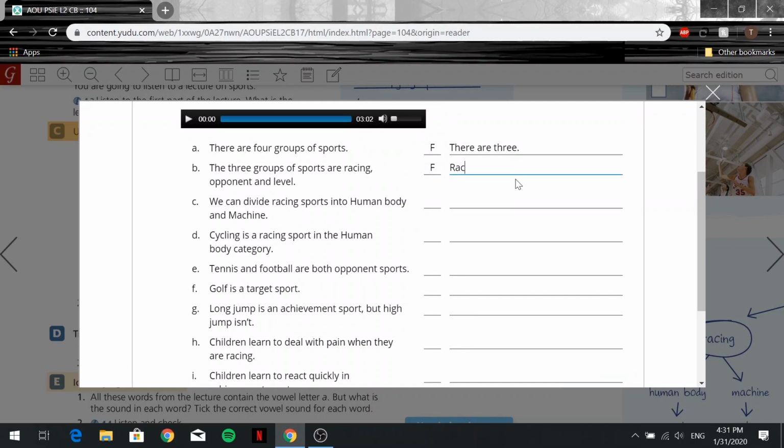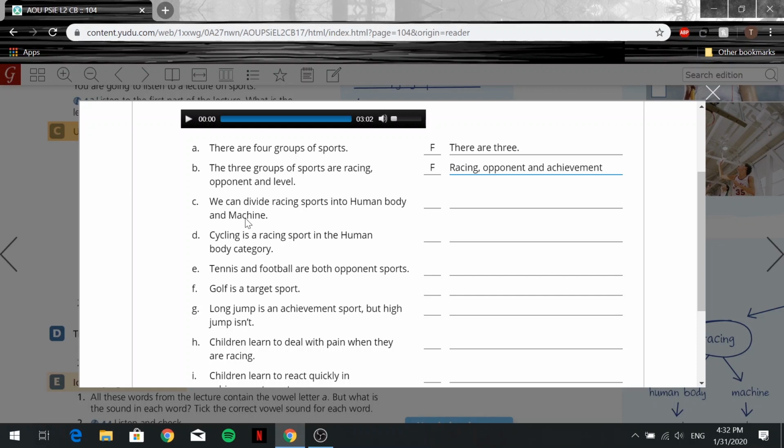We have racing, right, you guys? And then we have opponent. What else do we have? Oh yeah, and we'll say achievement. Okay? So instead of racing, opponent, and level, we have racing, opponent, and achievement. Right?